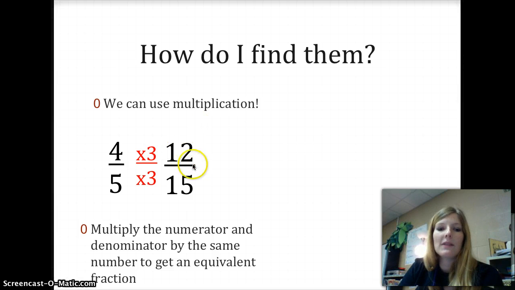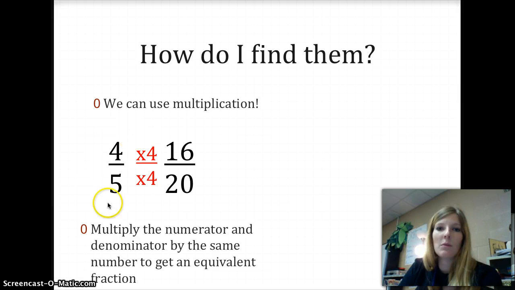So 12/15 is an equivalent fraction to 4/5. And we can try it with 4. 4 times 4 equals 16, and 5 times 4 equals 20, so 16/20 would be an equivalent fraction to 4/5.